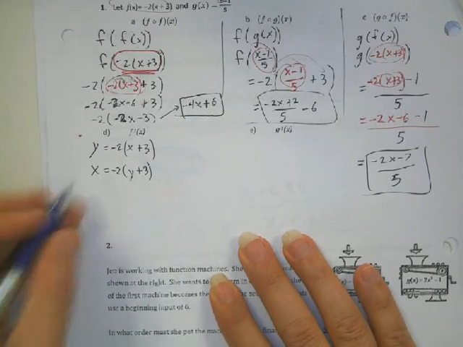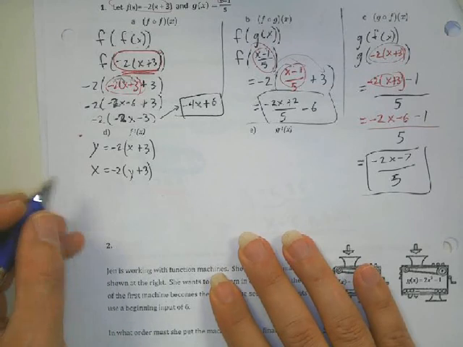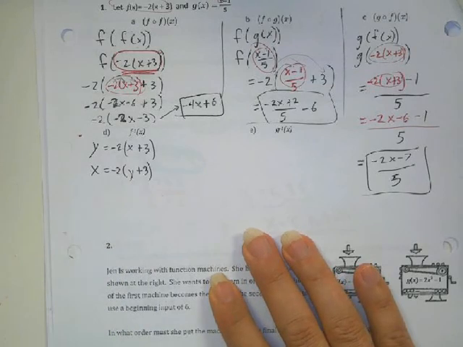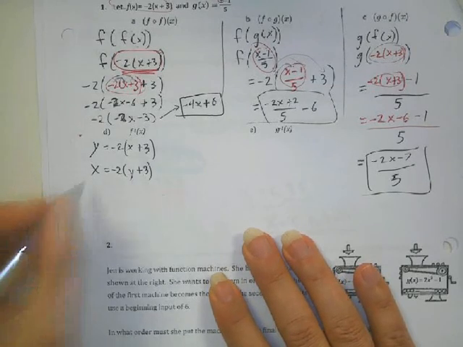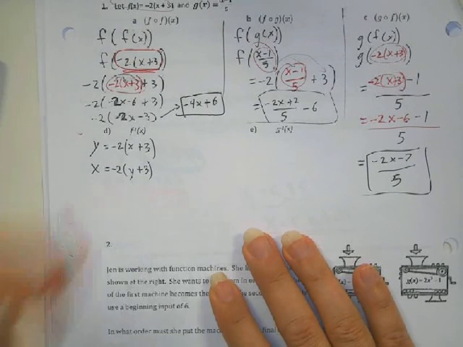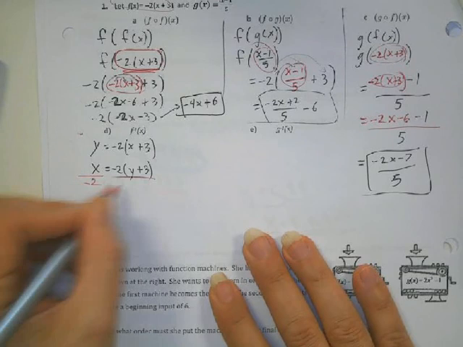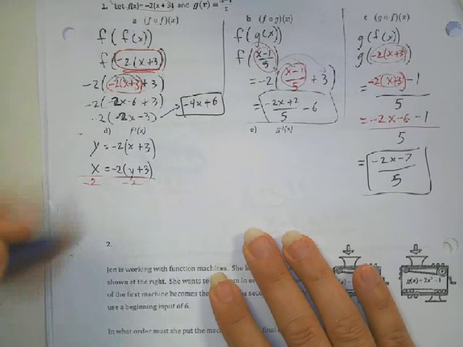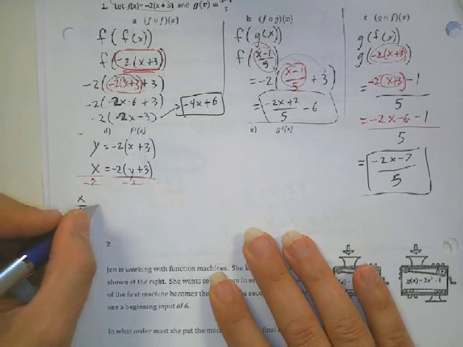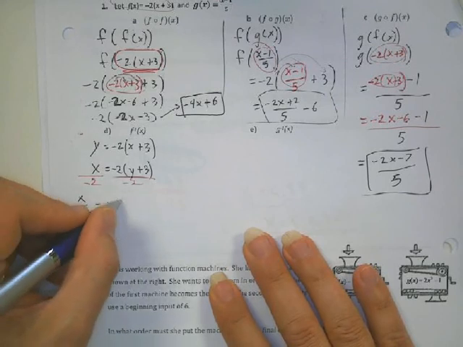Okay, now I can do distributive property with the x, or let's just divide both sides by negative 2. And then I get x over negative 2 equals y plus 3.